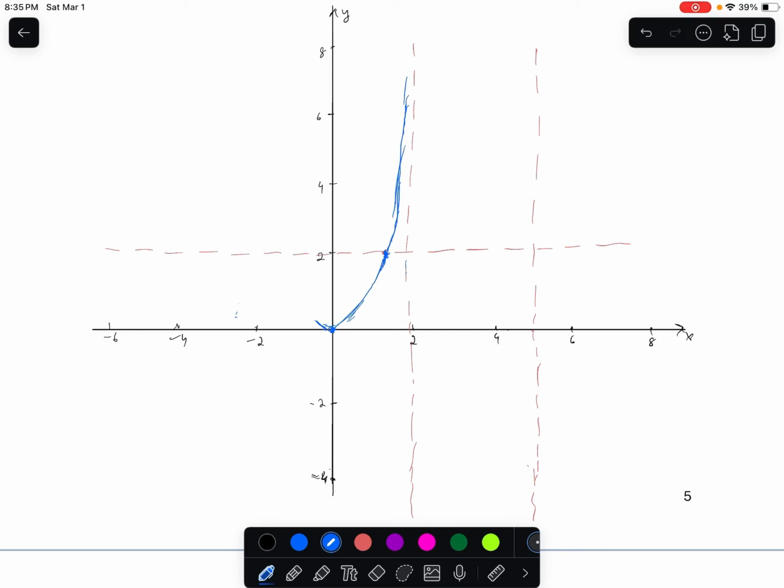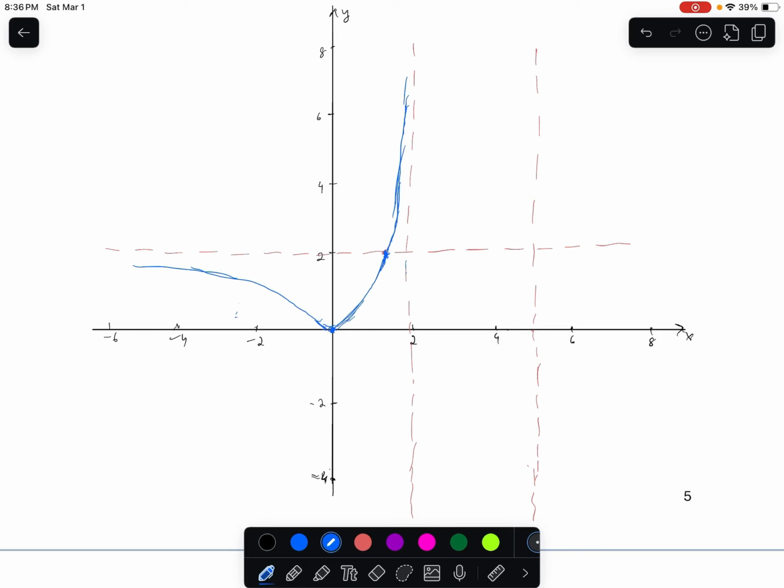It has to be hugged by the graph, and it reaches in this region. So it can hug the asymptote from the top or from the bottom. In this case, we'll do it from the bottom. So this is how it will look. Okay, now we are done with this portion.